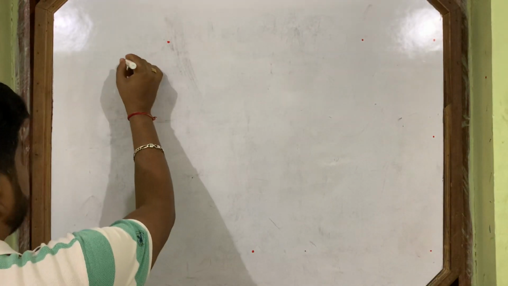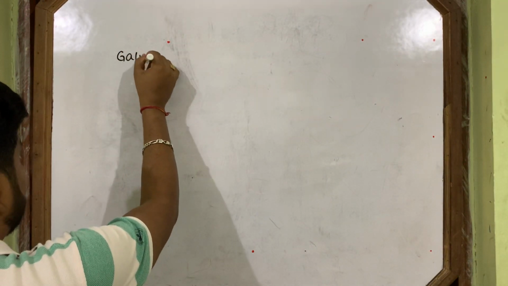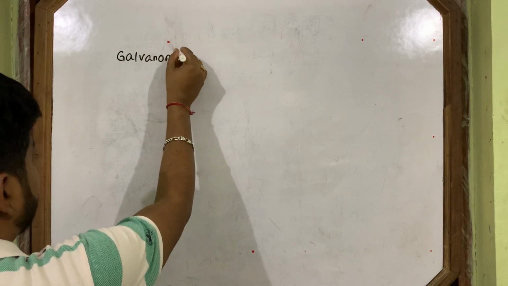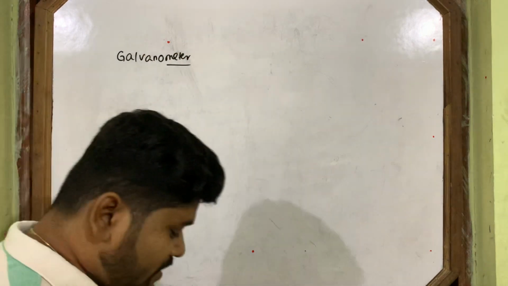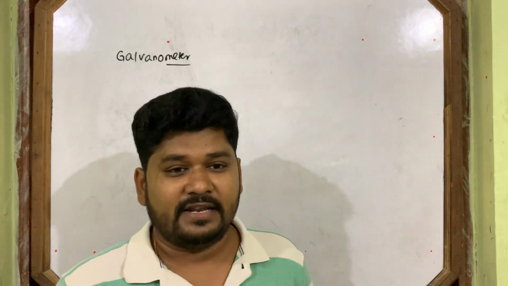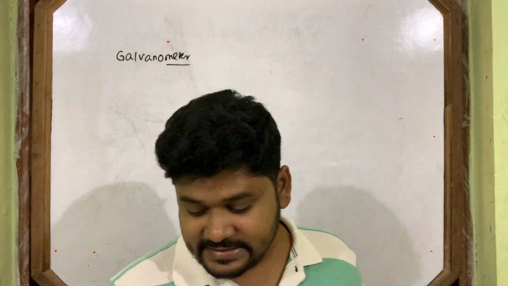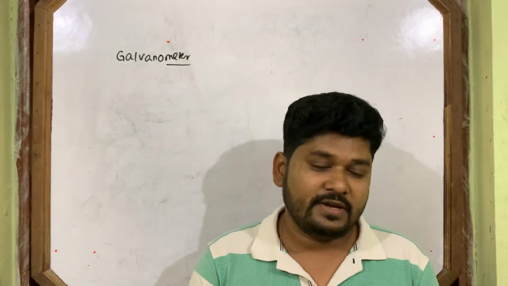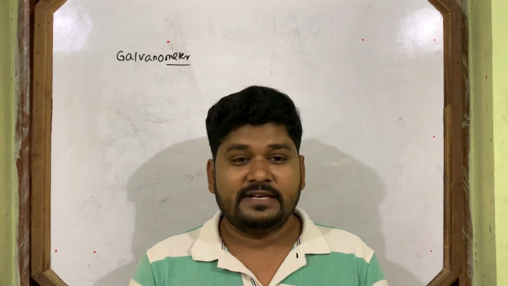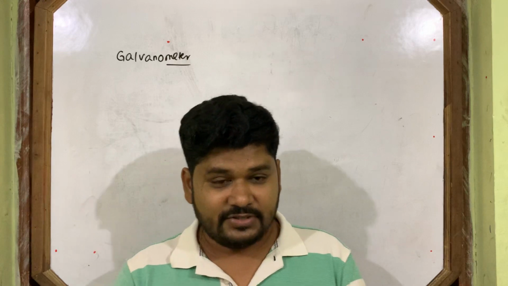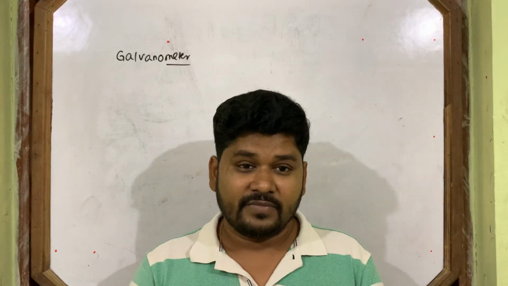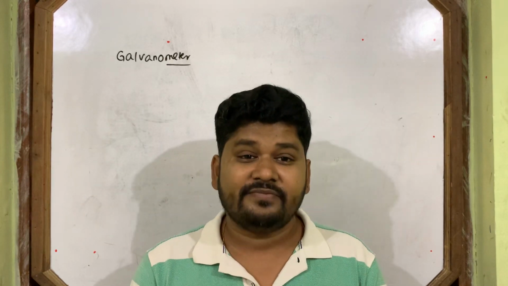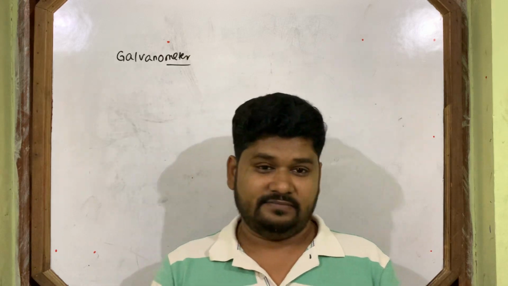You have all seen this galvanometer in your practical lab. So what is its function? Why do we use a galvanometer? A galvanometer is a device required to detect the presence of current in a wire.